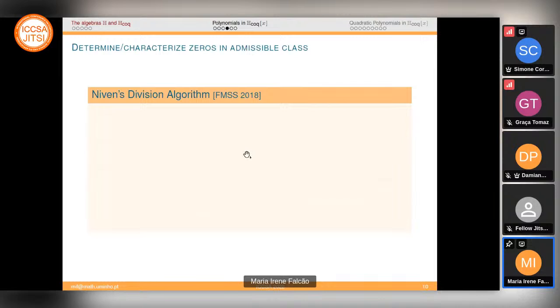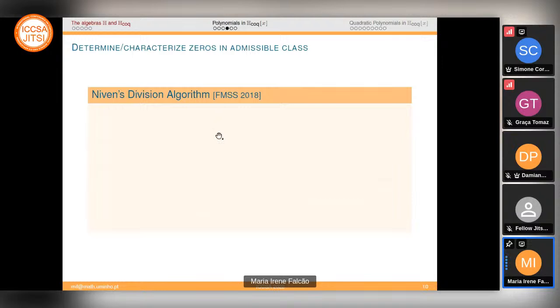Okay. In 2018, we have results from this paper. This is another adaptation of a very well-known algorithm introduced by Niven, where he studied equations on quaternions.